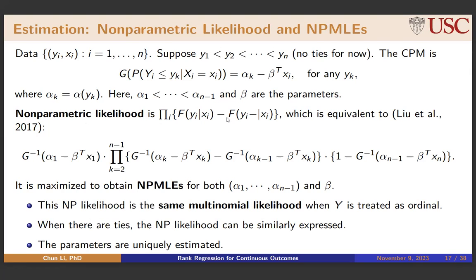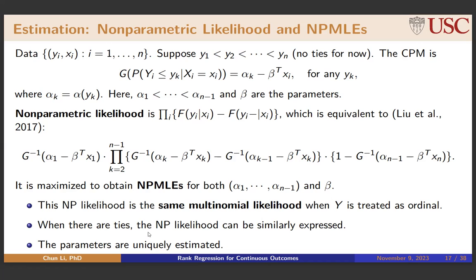As long as you don't want to specify any parametric family for the distribution, you write down likelihood this way, which is CDF up to the observed value minus CDF up to the observed value's left limit. And you allow all possible distributions. And this is reduced to something like this. And look at this. This is essentially multinomial likelihood. So this is essentially why we treat data as if ordinal. And the result is an NPMLE for all the intercepts and for the coefficients.